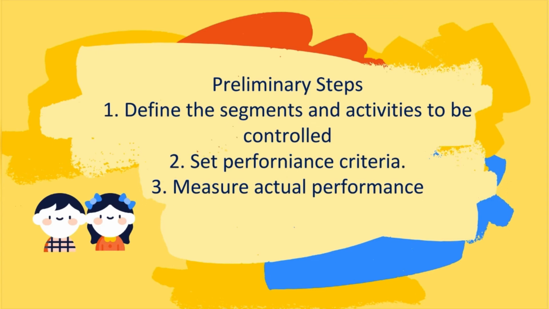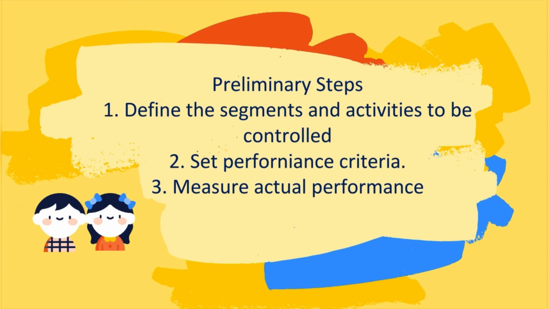First, define the segments and activities. We need to define the segments and activities to be controlled and the individuals associated with them. People are to be held accountable for their performance. Their responsibilities first have to be clearly defined.